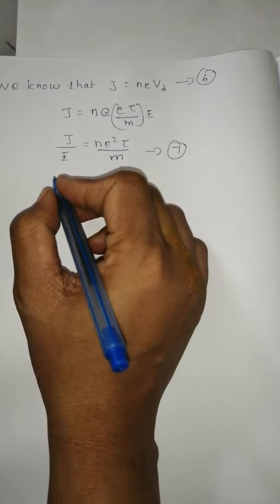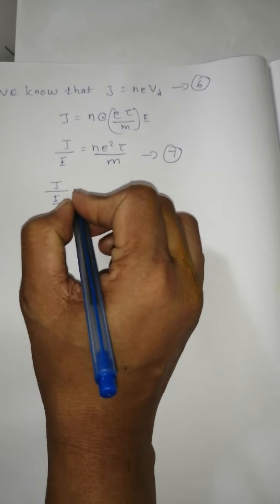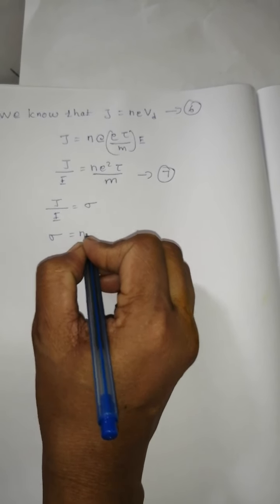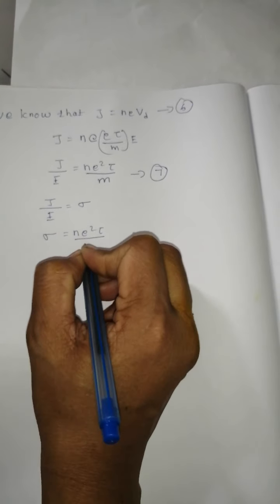So J by E is equal to n e square tau by m. We have already seen that J by E is equal to sigma. So instead of J by E, we can substitute sigma is equal to n e square tau by m.